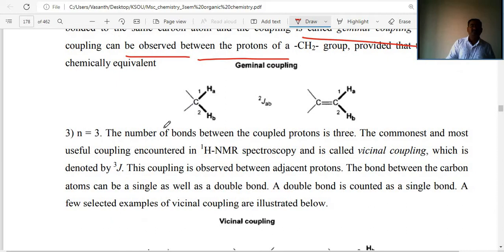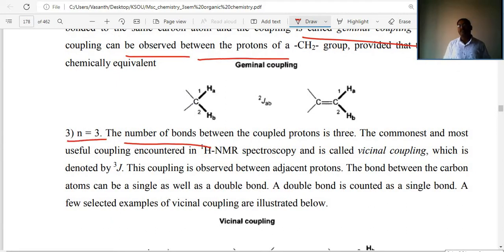The third one, n is equal to 3, the number of bonds between coupled protons is 3. The commonest and most useful coupling encountered in proton NMR spectroscopy is called vicinal coupling, which is denoted by 3J. This coupling is observed between adjacent protons.